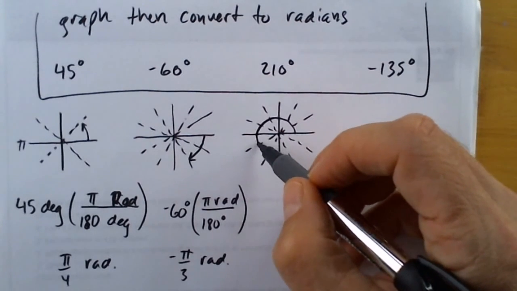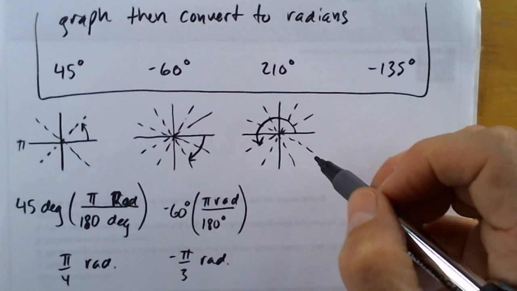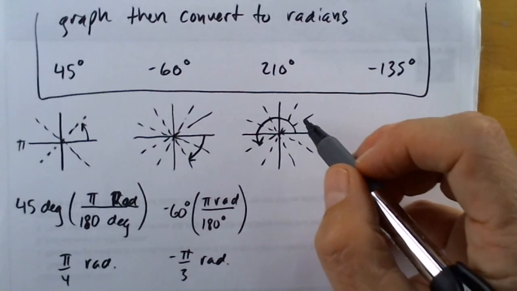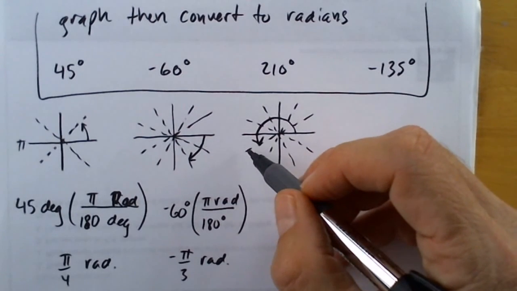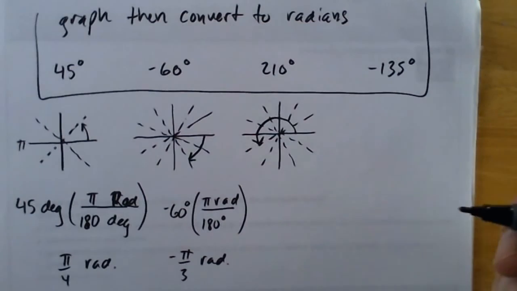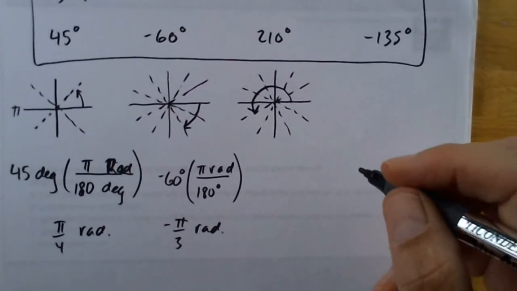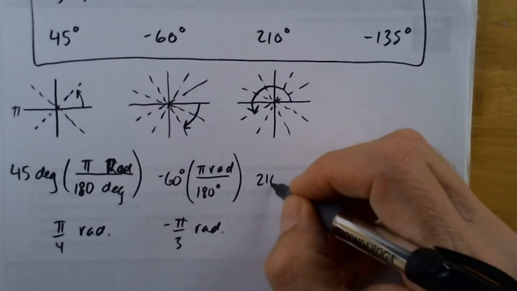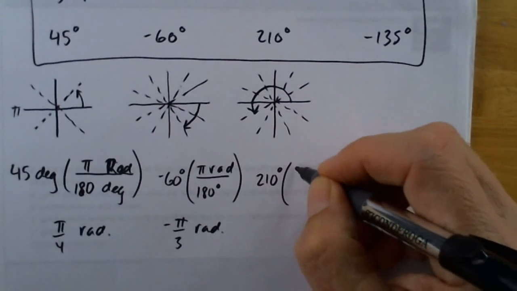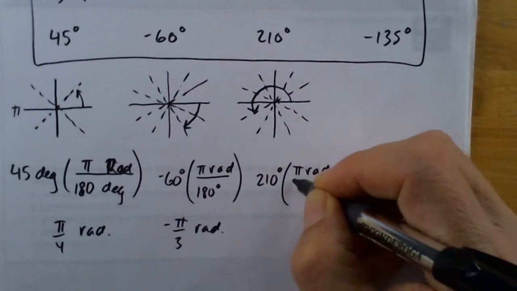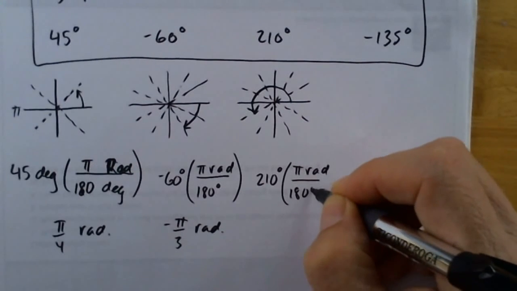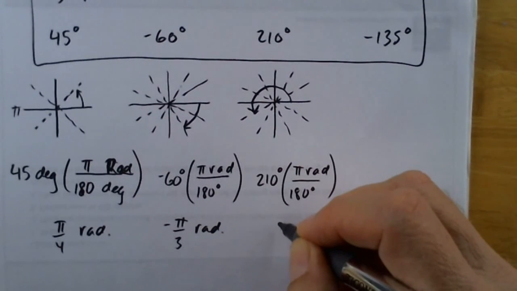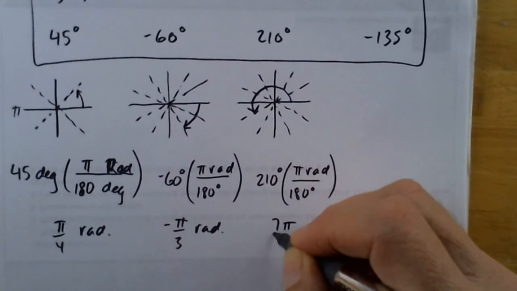So we're going to rotate all the way there. We can also convert right now 1, 2, 3, 4, 5, 6, 7. That's 7 pi over 6, and we're all done. We know the answer. Or we can multiply 210 times pi radians over 180 degrees, and we end up with 7 pi over 6 radians.